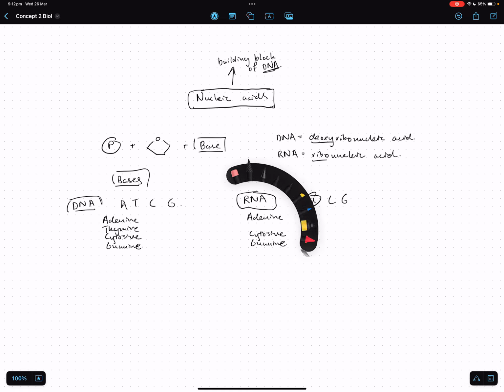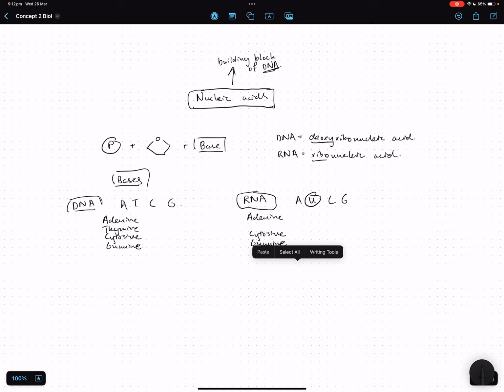So uracil is U. Uracil, right? And since they come in pairs, one of these is going to be double ringed and the other non-double ringed.